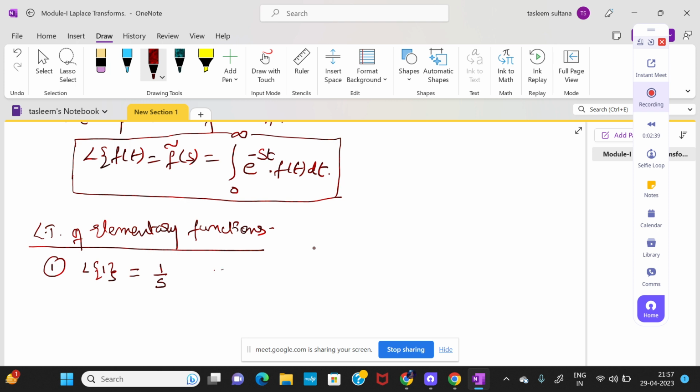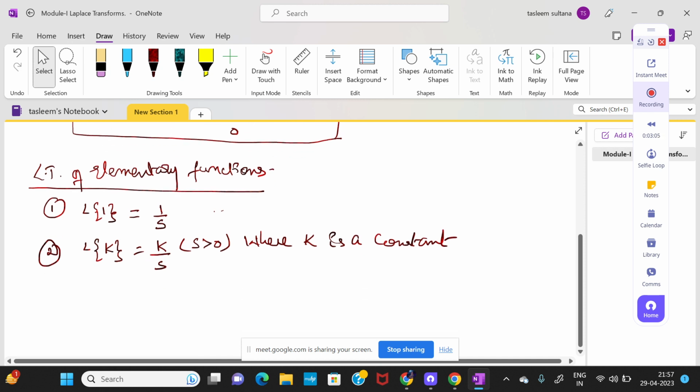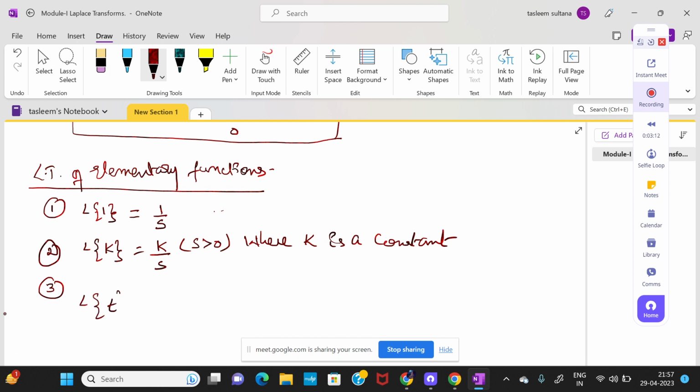And the second one, it can be any number with an arbitrary constant we'll take. L of k is equal to k by s, where s has to be greater than 0. K is a constant. Then L of t is equal to 1 by s squared. Next, the third one, L of t to the power of n.